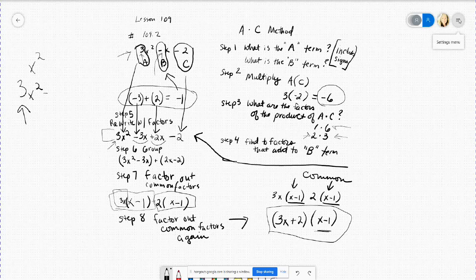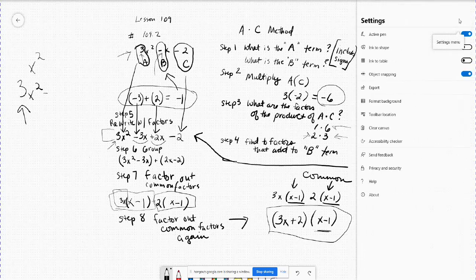Yeah, definitely. And so I'm going to see if I can save this and send it to you.